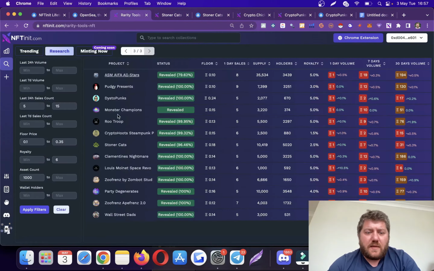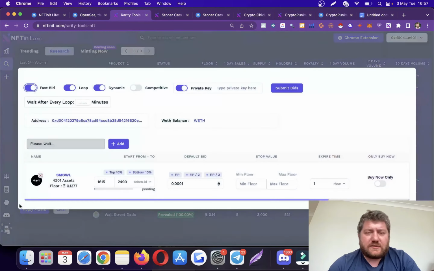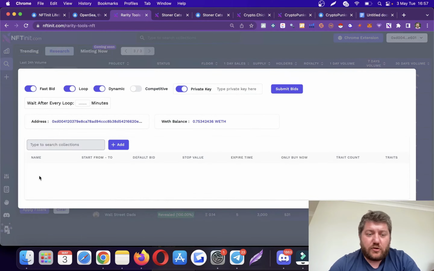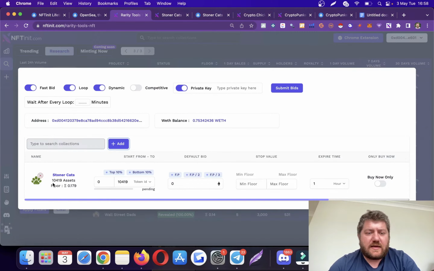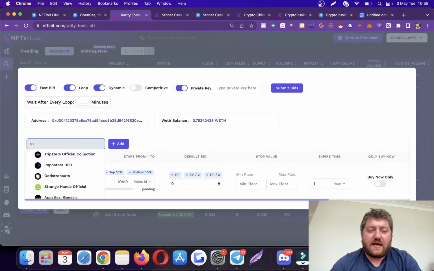So I'm going to go to the settings tab here. I'm going to show you how the system would work. So what was it called? It was Stoner Cats, right? This one. So it has above 10,000 assets. So I will actually divide it into 5 pieces, 5 threads, so the system can even bid faster.